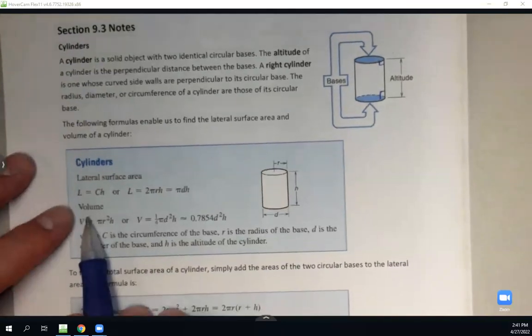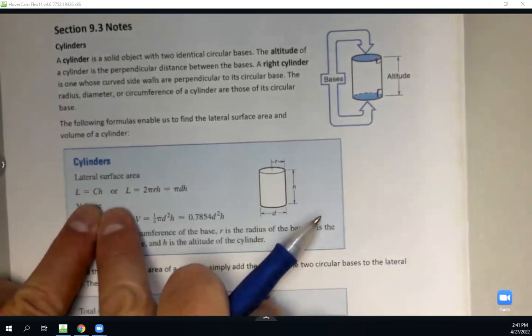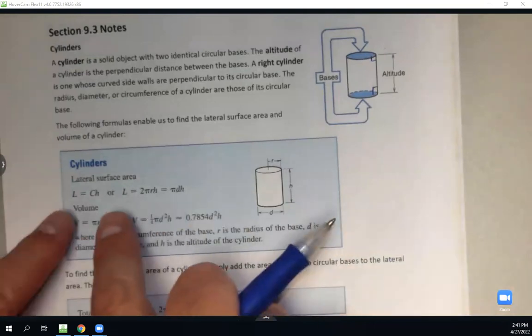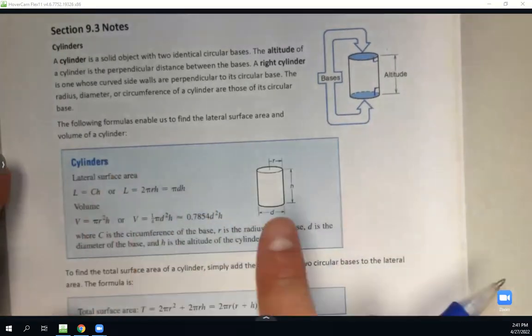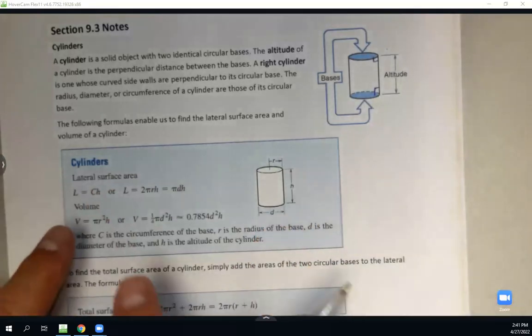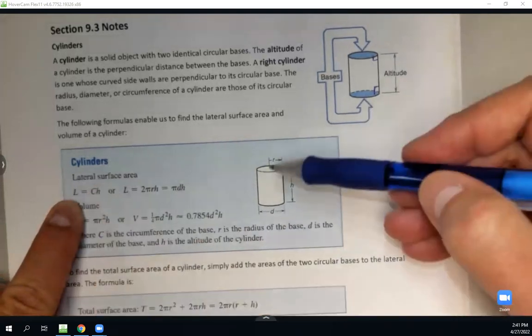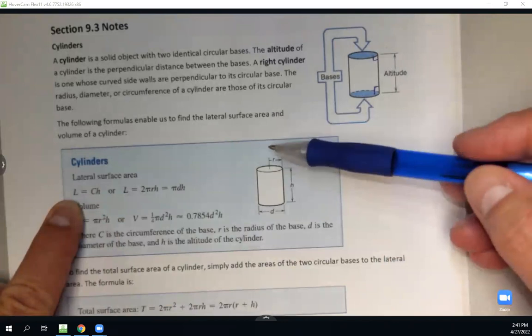If you needed the total surface area instead of just the lateral surface area, and I don't know why the textbook didn't include the total surface area formula in the box, you're just going to take the lateral surface area and then add the bases. So you're going to take 2 times the area of the bases.